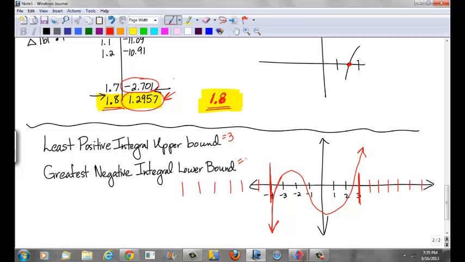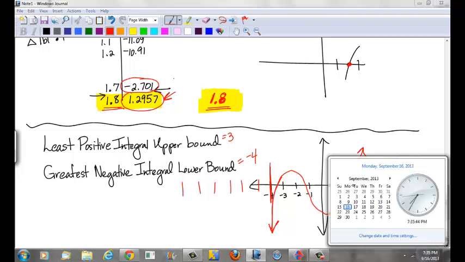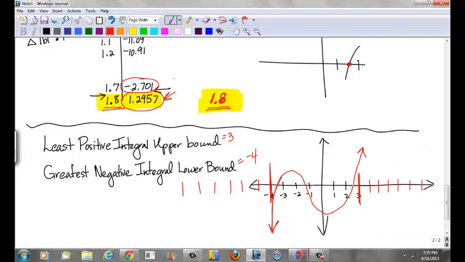So the least negative integral bound is -4. Don't make it any harder than that. You graph it. Another way to say that is this graph is crossing to the left of 3. It's crossing to the right of -4.